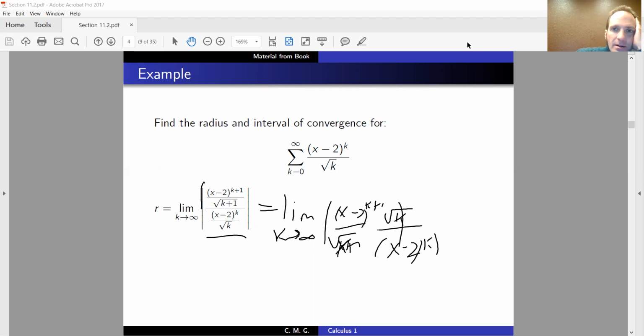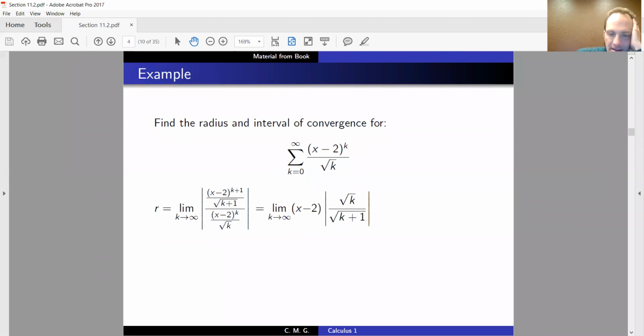I can divide out that (x − 2)^k, it goes away, and I just get an x − 2 left over, and I have the square root of k over the square root of k+1. As k goes to infinity, the square root of k over k+1 goes to the square root of 1, which is just 1. So I end up with |x − 2|.